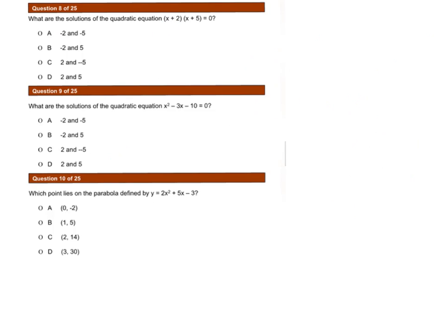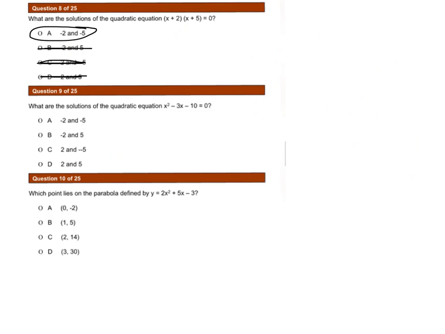Well, to get 0, we need the opposite of 2, which is negative 2. So that eliminates letter C and letter D, which both have positive 2's. We look at our next one, and we say, well, to get this to 0, x has to be the opposite of 5, which is negative 5, and we can see A has negative 5, and B doesn't, and that's how we get our answer for A.